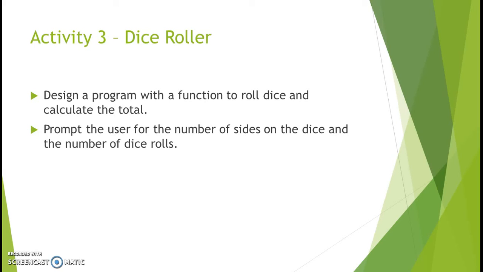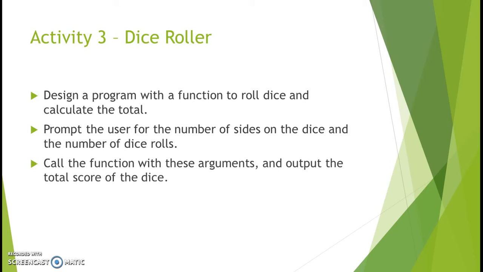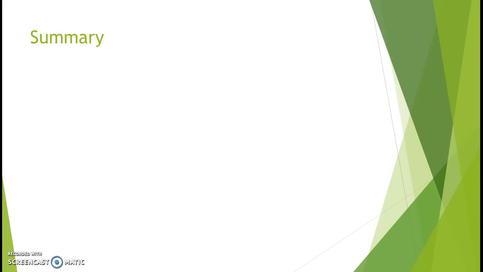So prompt the user for the number of sides on the dice and the number of dice rolls, and then call the function with those arguments and output the total score of the dice. So the total score of all the rolls. So this is very much in keeping with the kind of thing that a function would do.